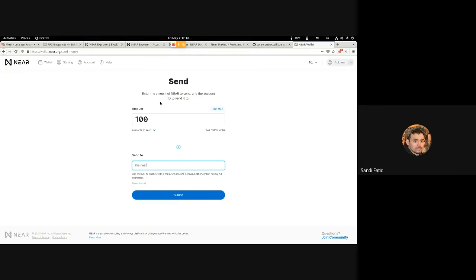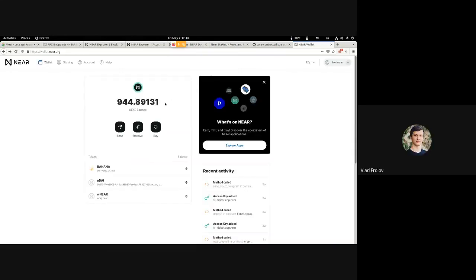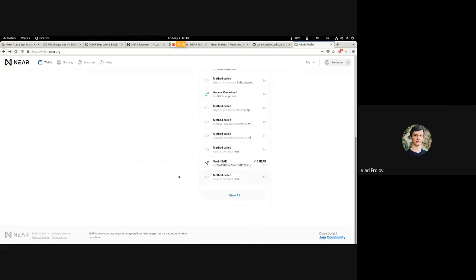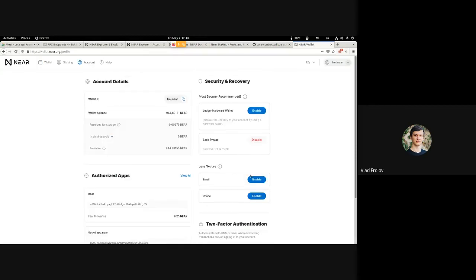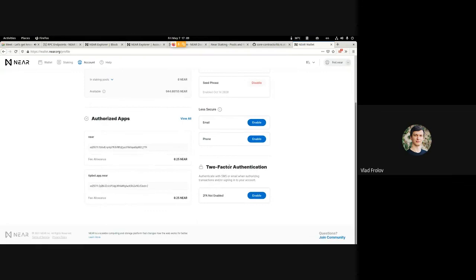Where is the multisig in the wallet? We don't have it right now, or we do have it? We do have it. Okay. Yeah, it's embedded into wallet flows. You can enable it in account settings. Yeah, so two-factor.